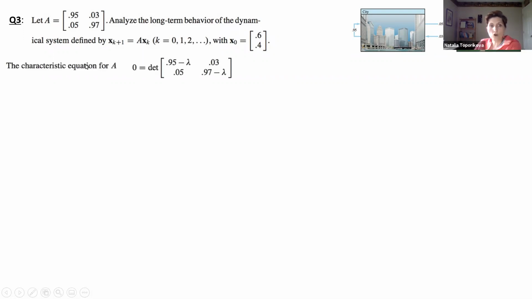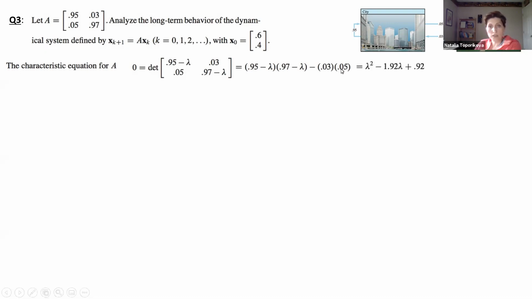Let's start by finding the eigenvalues using the characteristic equation for our matrix A. We take our matrix A, subtract lambda from the diagonal elements, and set the determinant equal to 0. Because this is a 2 by 2 matrix, that's pretty straightforward to calculate. You multiply the elements on the left diagonal and subtract the product of the elements on the right diagonal.